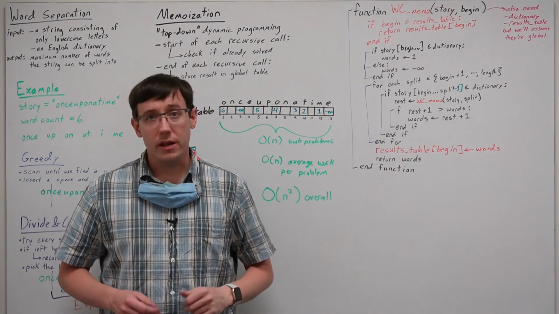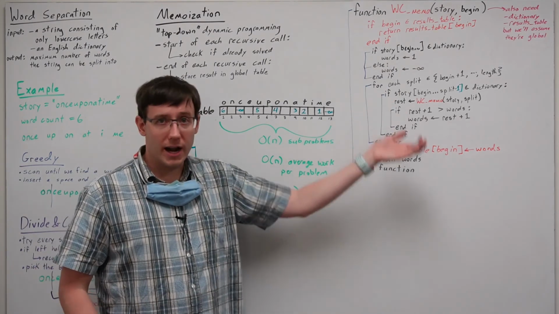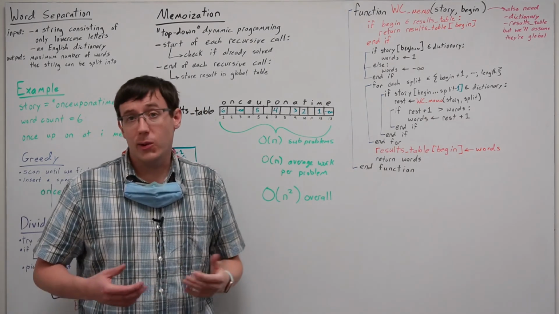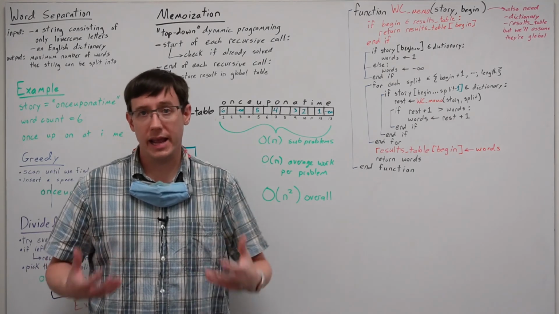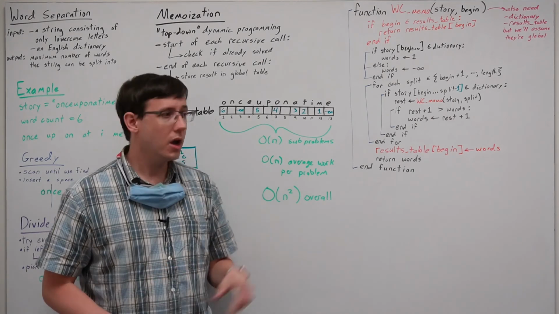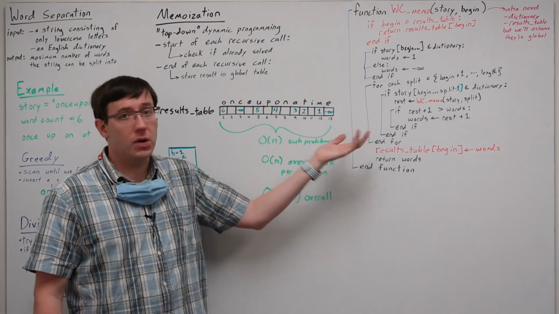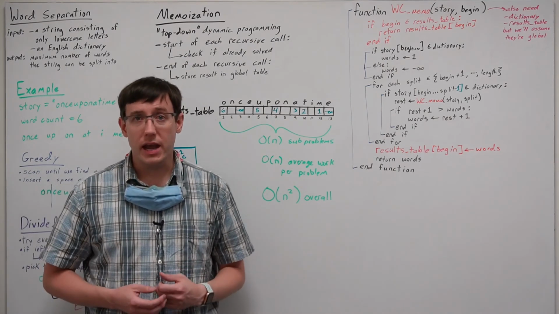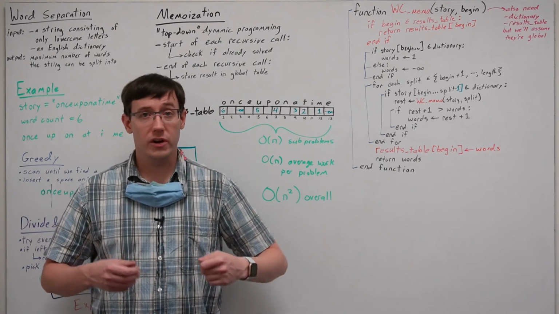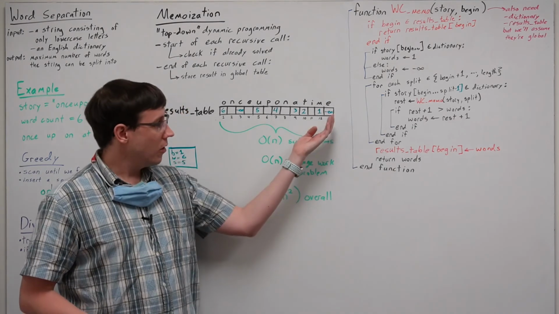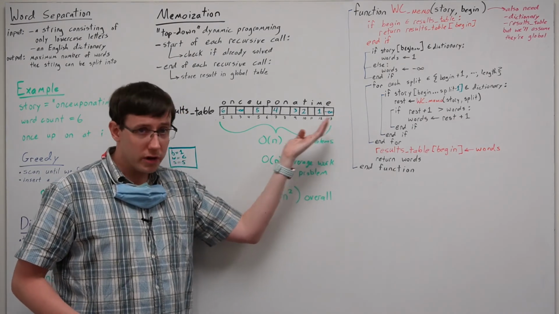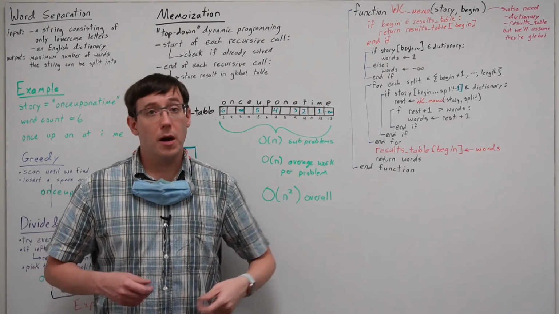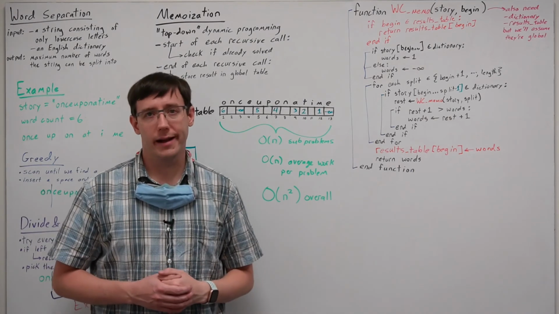Finally, it's worth noting that over the course of our execution, we filled in most of our results table, and in analyzing our total amount of work, we counted the number of subproblems we might have to solve, and so we could absolutely have written our word separation algorithm to solve these subproblems starting from the smallest and working our way up, resulting in a bottom-up dynamic programming algorithm.